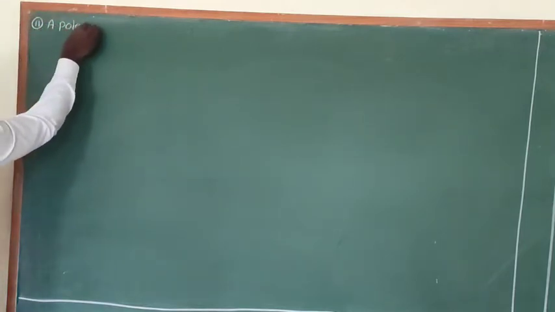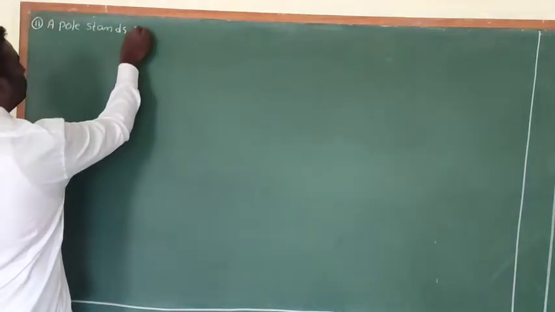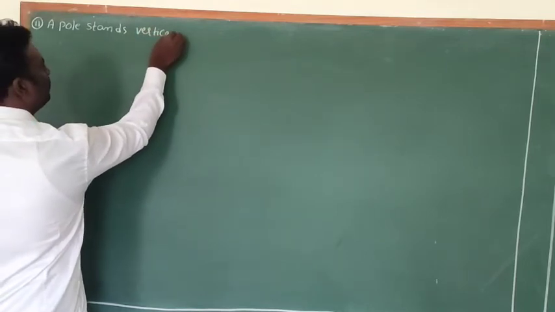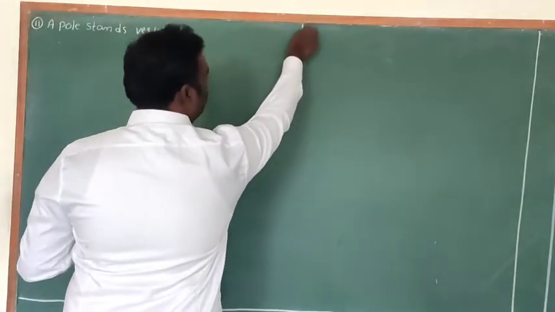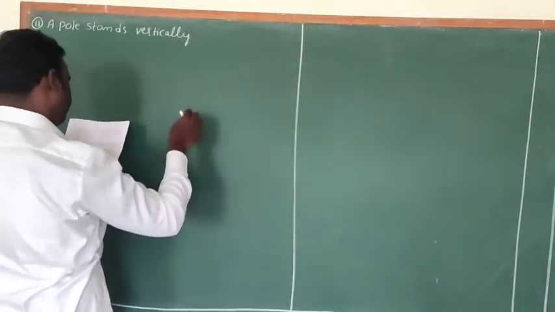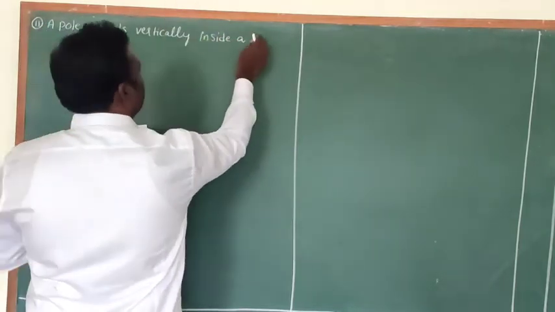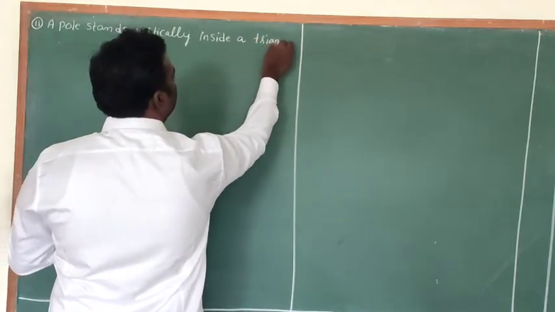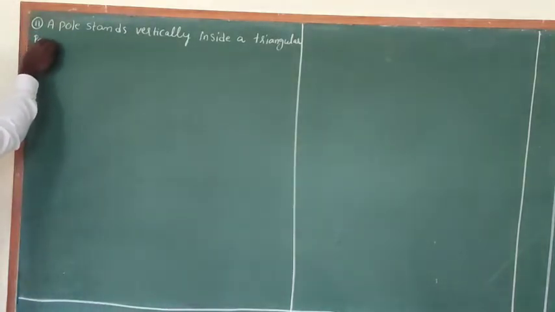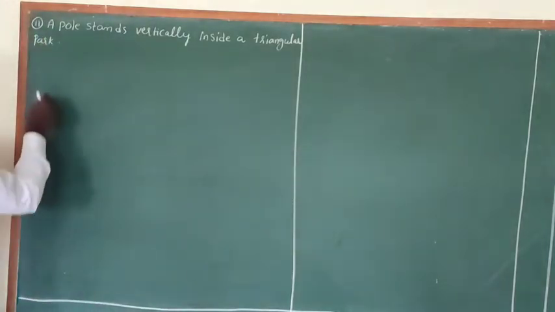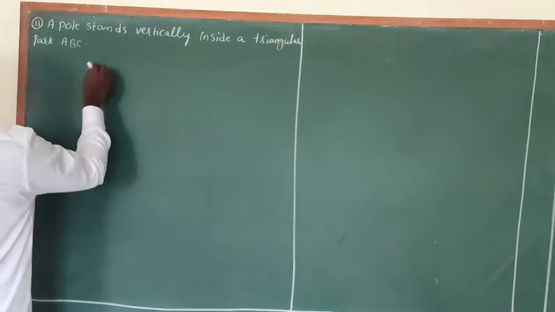A pole stands vertically inside a triangular park ABC.